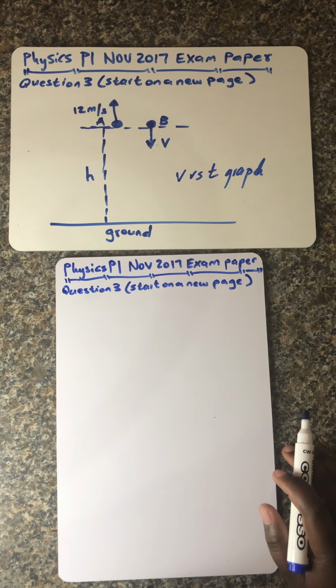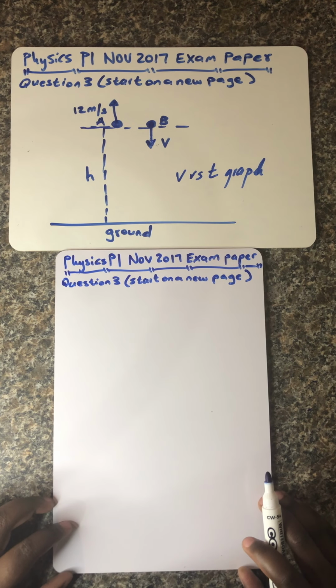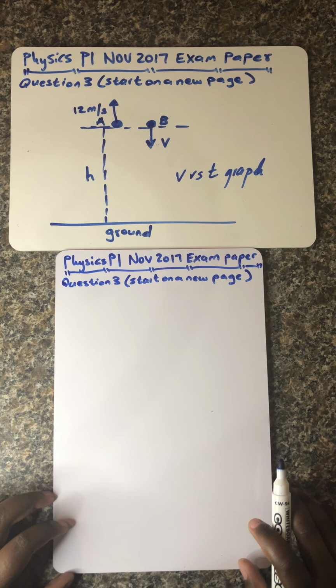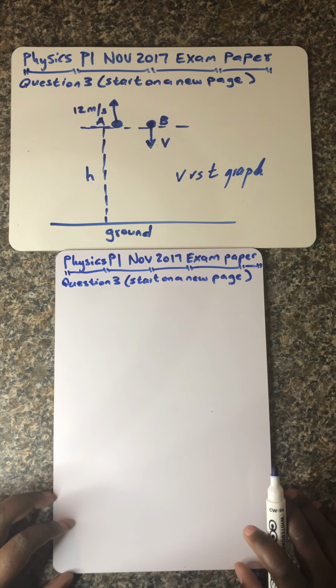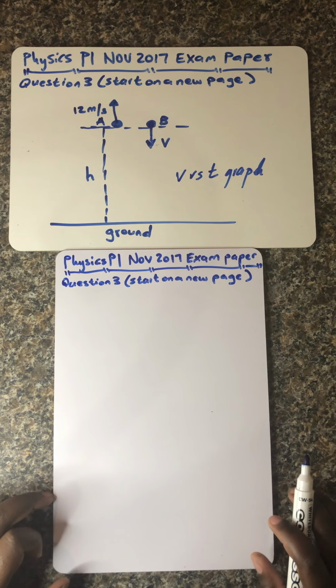score maximum marks. So this question actually indicates to the examiner or the marker that you fully understand this chapter of vertical projectile motion, because you're basically representing everything that has been going on in the form of a graph.